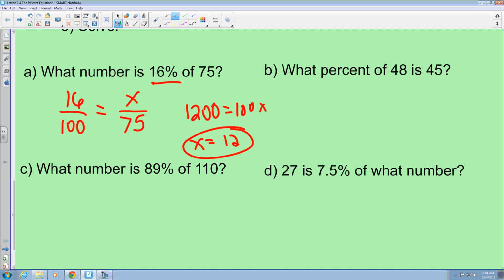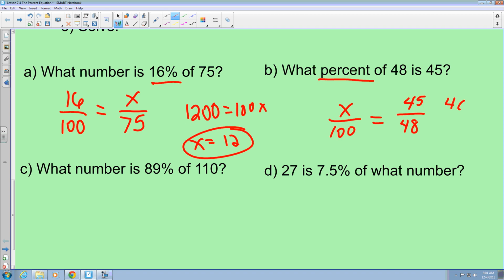For B, they're asking what percent of 48 is 45. Again, what we don't know is the percent, so my variable is going to be attached to the percent value, and it's going to equal the part, which is 45, over the whole, which is 48. So again, cross multiply.